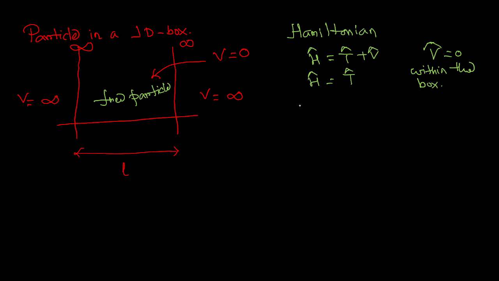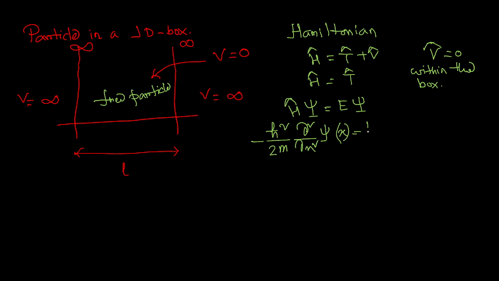Now if we say H psi is equal to E psi, it will be written as minus h-bar squared by 2m del 2 by del x2 of psi, as it is a time independent Schrodinger equation, if psi is a function of x.